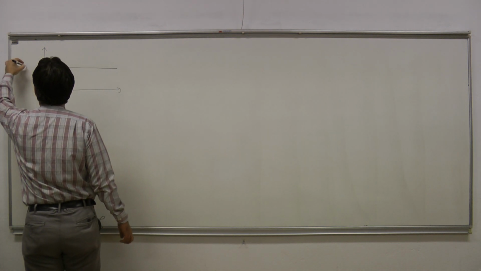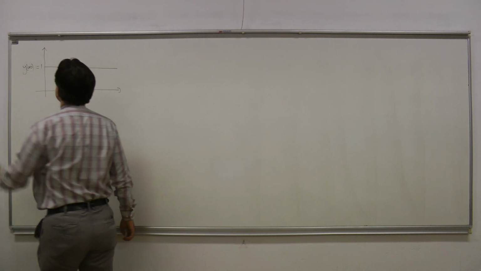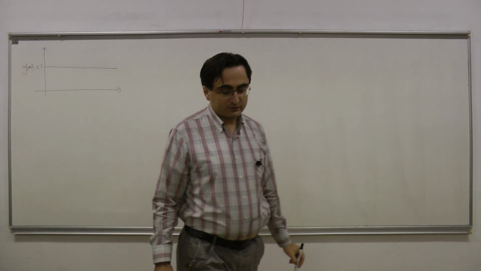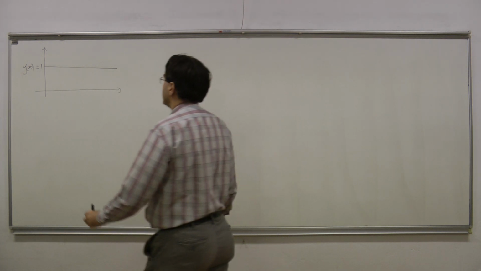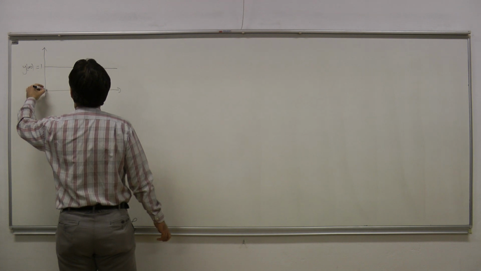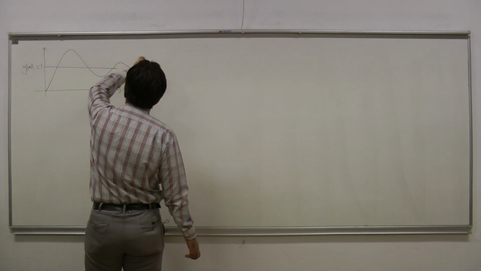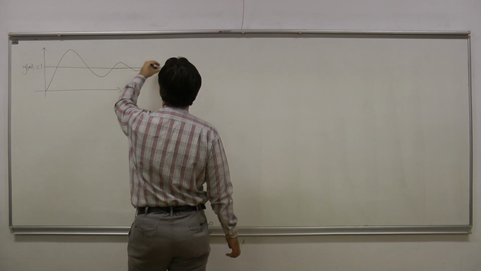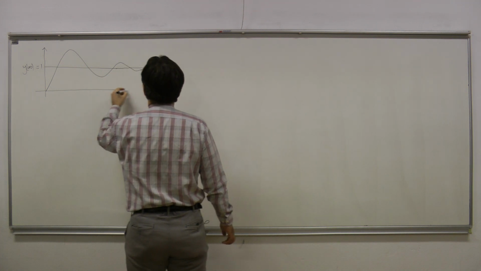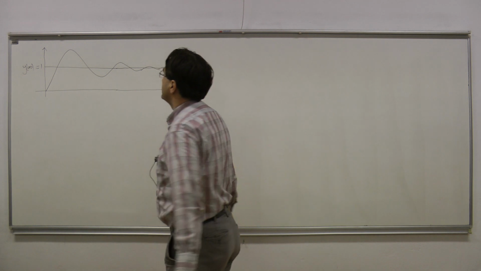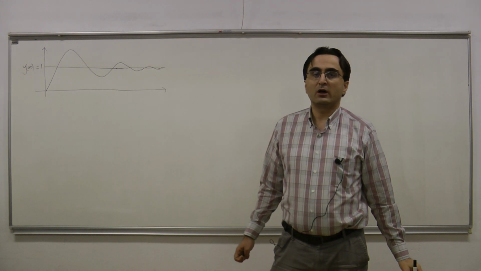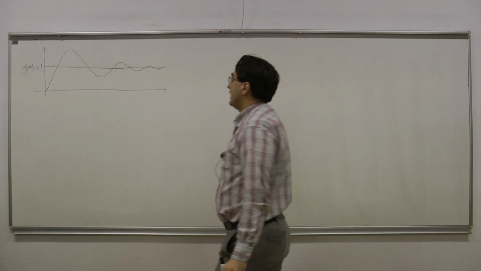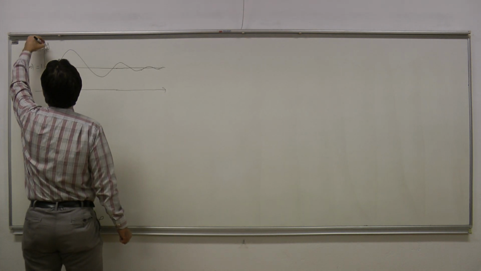This point is y infinity in this case. A second order system in standard form would give us a response in this form. It oscillates back and forth, and then converges to the value 1, which we call y infinity. And this is our y of t.